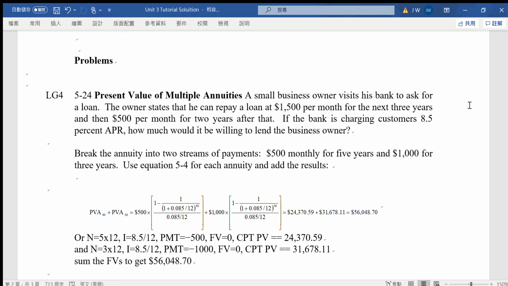A small business owner visits the bank and asks for a loan, and the owner states that he can repay the loan at 1,500 per month for the next 3 years, and then 500 per month for 2 years afterward. If the bank is charging the customer 8.5% APR, how much would it be willing to lend the business owner?